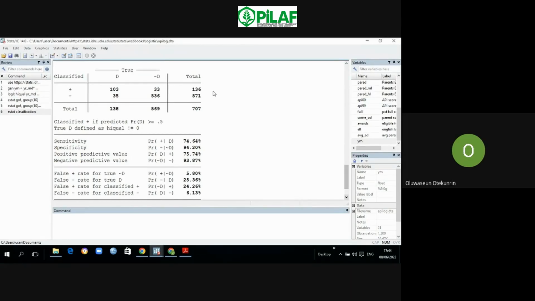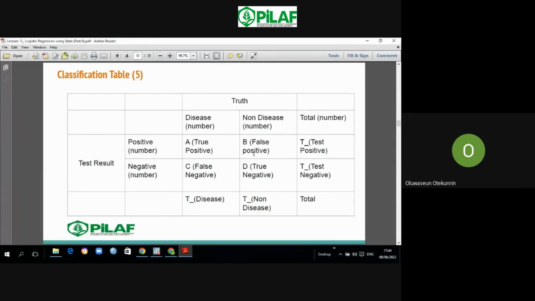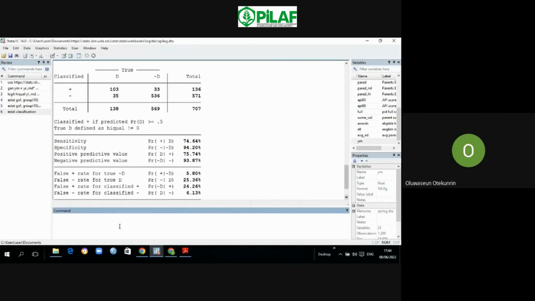The A is the true positive. The second one, that B, is false positive. It is not a true positive. So now you need the proportion that is true as far as that result is concerned. So proportion of schools with positive classification that are correctly classified. That will be that A, that is 103 over, what is the total for this row?